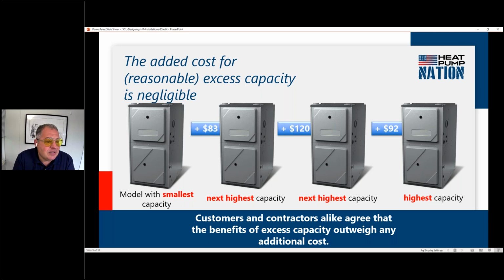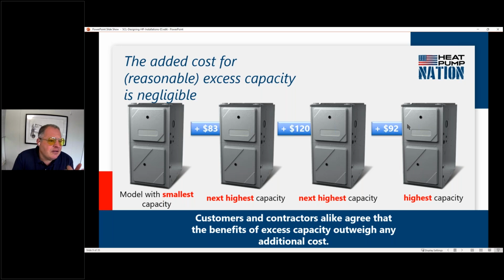It's not expensive to design with excess capacity for a furnace. So for example, if we had a 60 or 80,000 BTU furnace like you'd see on the left, the cost is only $83 to go up to the next highest capacity, and then $120 to go up to the next highest capacity, and then $100 to go up to a 120,000 BTU furnace, which is an enormously powerful furnace.